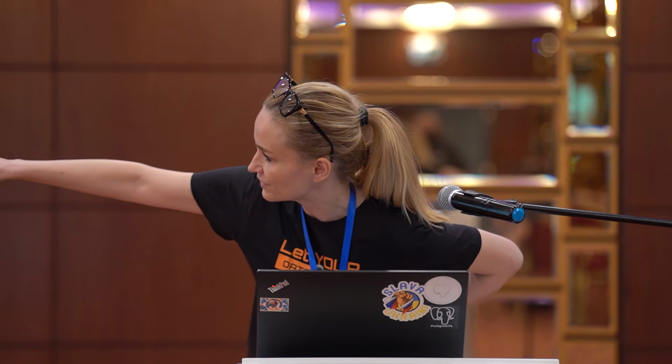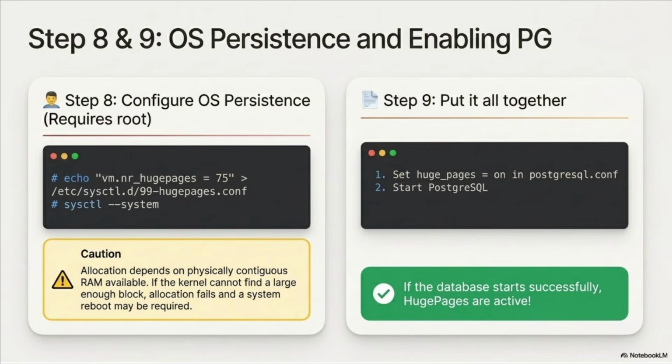So it's much safer to use on, because in case you put a wrong number in this conf file, then Postgres will simply not start, and you will know immediately it's wrong, right? If you put try, you will not know what's happening. So you might end up wasting a lot of memory on your system. But with huge_pages on, if Postgres starts successfully, then it means everything is fine.